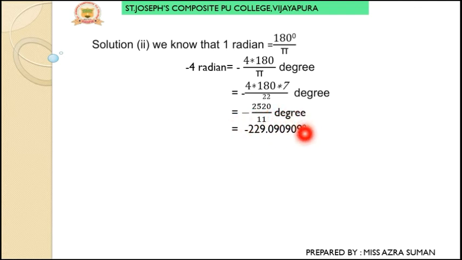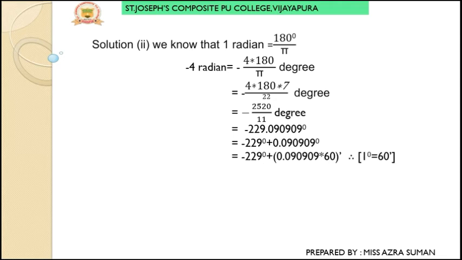This can be written as minus 229 degree plus 0.090909 degree. This fraction can be converted in the form of minutes and seconds, which is equal to minus 229 degree plus 0.090909 into 60 minutes, because 1 degree is equal to 60 minutes.